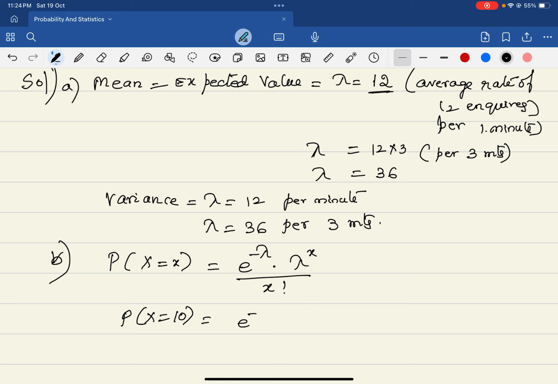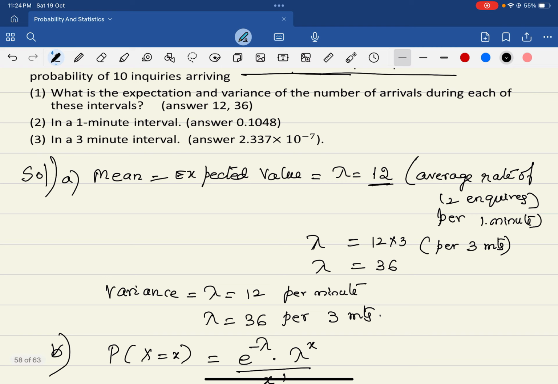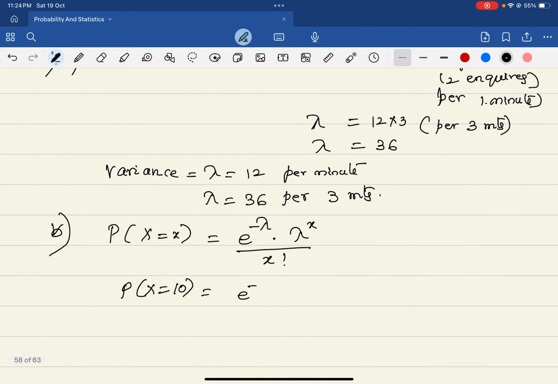So it is e raised to minus lambda, and it is for 1 minute, as asked in the second question. So our mean lambda is 12, and x is 10, over 10 factorial. So this is the answer, given by 0.1048.